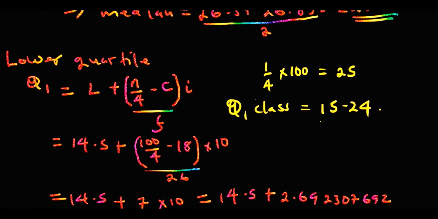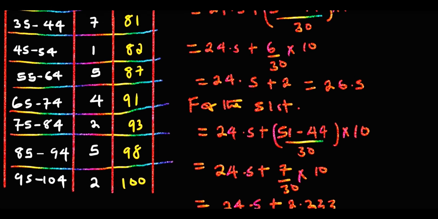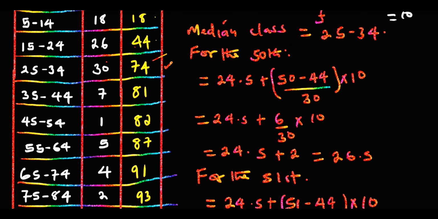So from the table, you can see that the 80th lies in this class, that is 35 to 44. And the frequency is 7, and the cumulative frequency above this class is 74. So those are the information that we're going to use in calculating the 80th percentile.